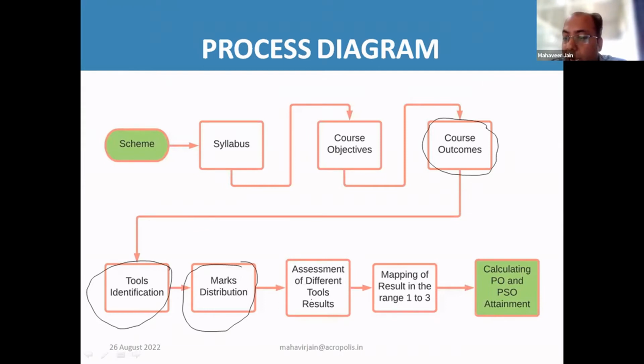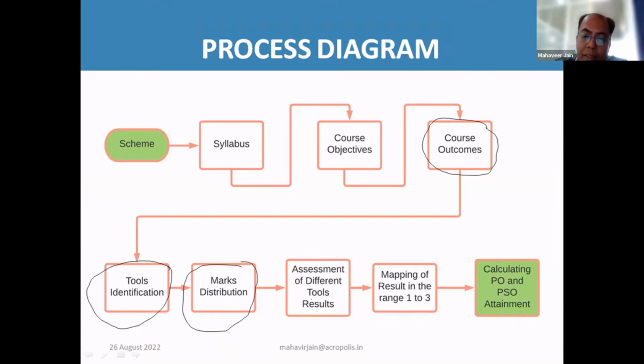Then, after I have identified the tools and methods and given some marks, finally I need to launch that method. Suppose I have planned the MST in the first week of September, so I need to go for that in the first week of September. I will conduct test one, analyze the answers of the students, and analyze the result.